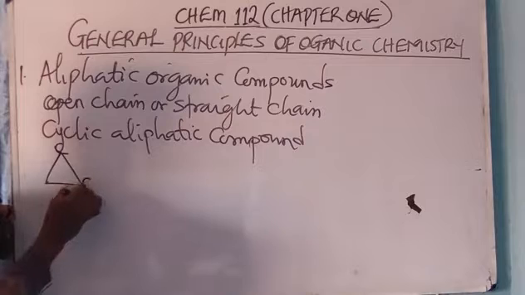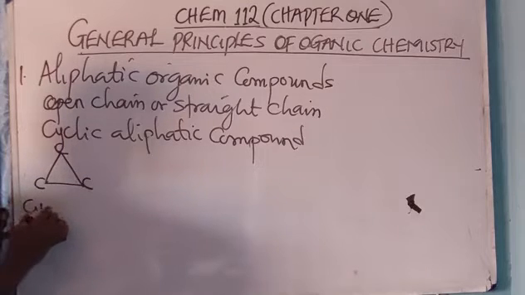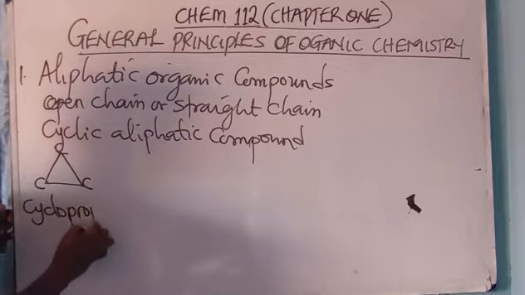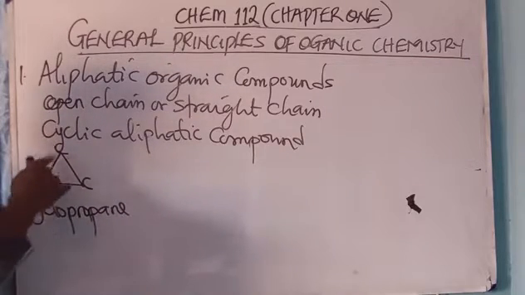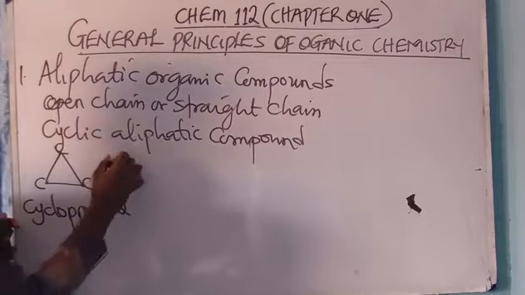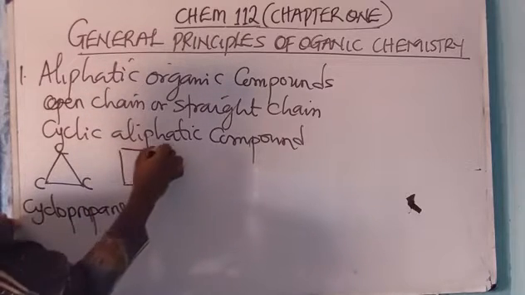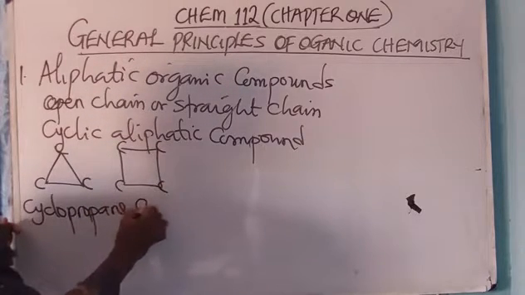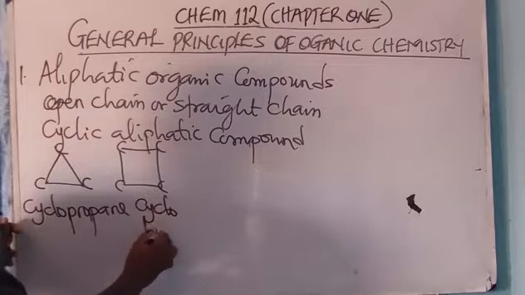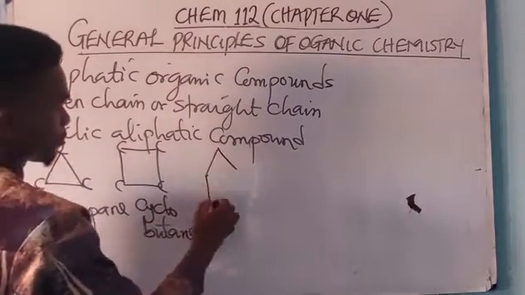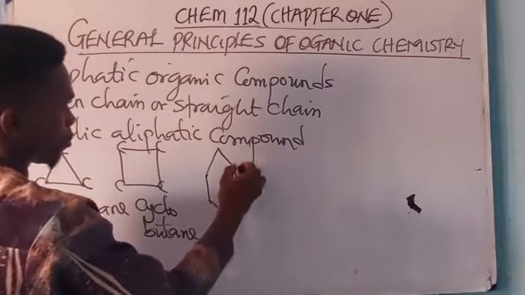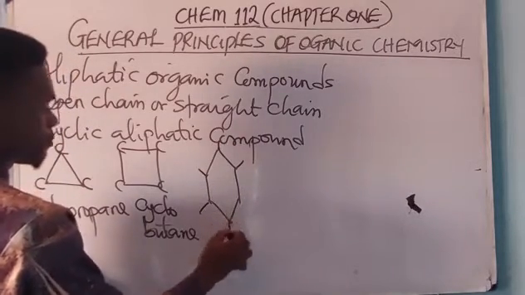Examples are this: carbon 1, carbon 2, carbon 3. We call this cyclopropane, three carbon atoms, propane. Since it's a ring, it's cyclopropane. Now we also have 1, 2, 3, 4, and this is cyclobutane. And I have 1, 2, 3, 4, 5, 6.